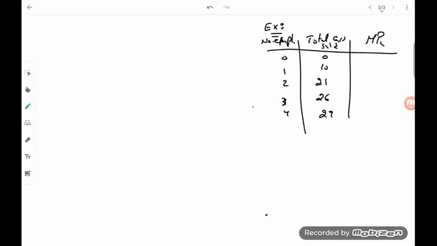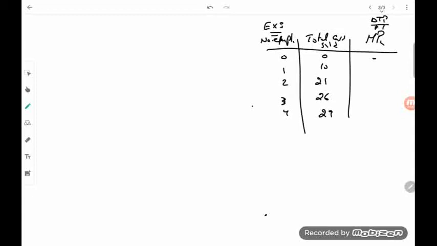So now we have to calculate the marginal productivity of labor. Marginal productivity of labor is calculated as the change in total product divided by the change in labor. So it's 10 minus 0 divided by 1 minus 0, so it's 10. 21 minus 10 divided by 2 minus 1, which is 11. 26 minus 21 divided by 3 minus 2, which is 5, and finally 3.